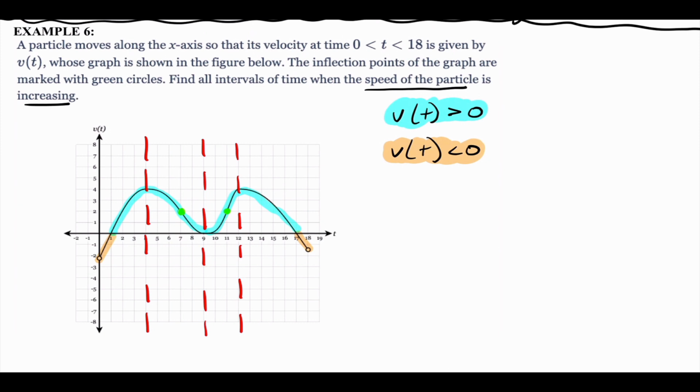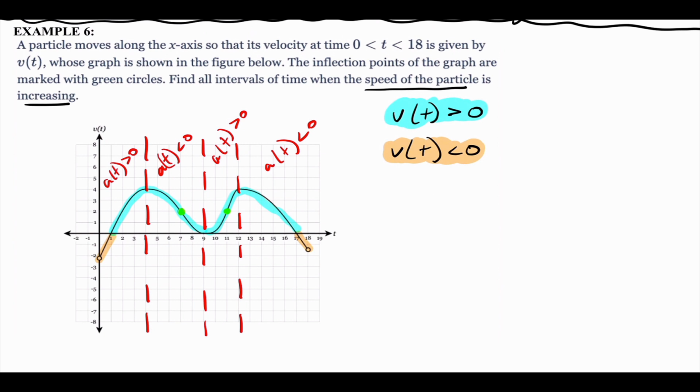Okay, so in this first little quadrant, acceleration is positive, then acceleration is negative, acceleration is positive, acceleration is negative. Those are the changes. Okay.